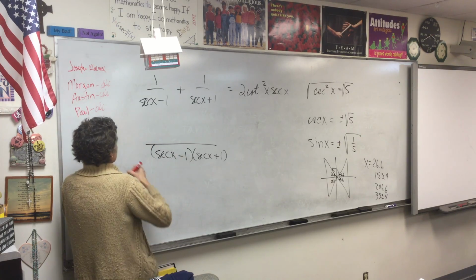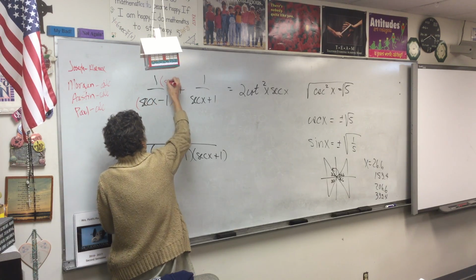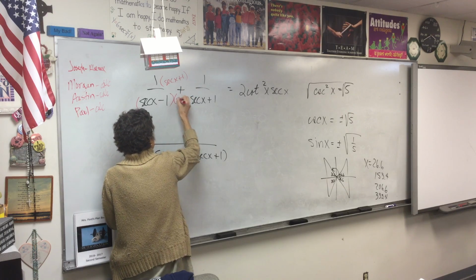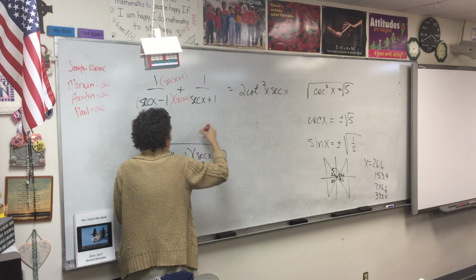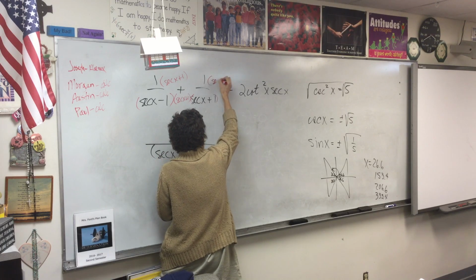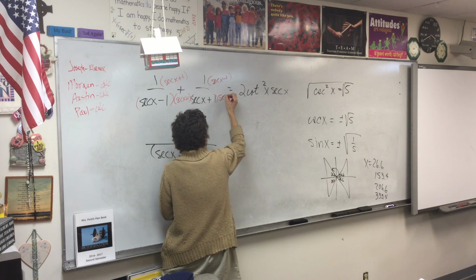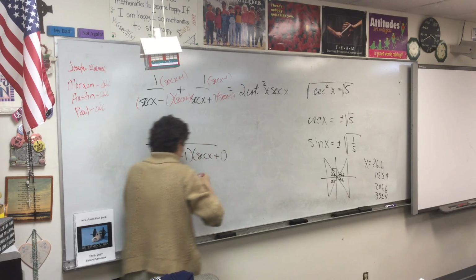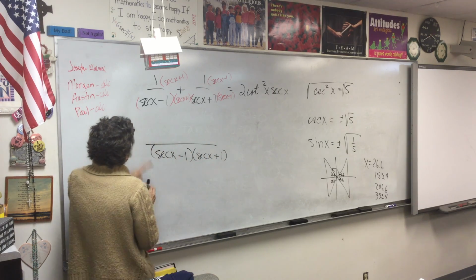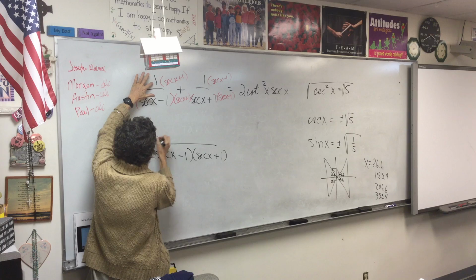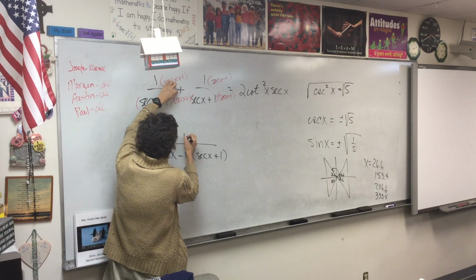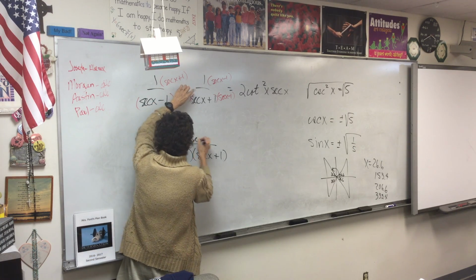So this one needs a secant plus 1. And this one needs a secant minus 1. So it would be 2 secant. So on top, I'm going to have secant plus 1 plus secant minus 1.